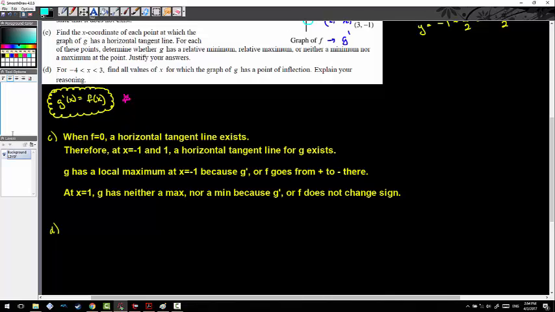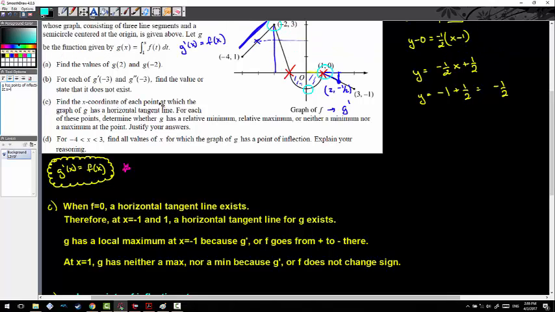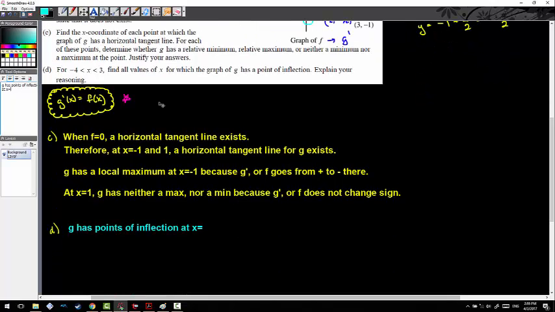So we can say that G has points of inflection at x equals, let's go back to those coordinates again, -2, 0, and 1, because the slope of f changes sign there.